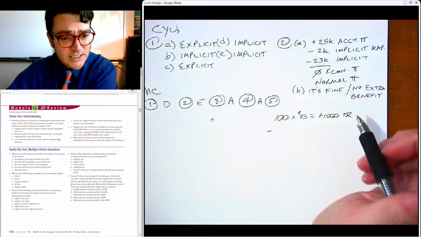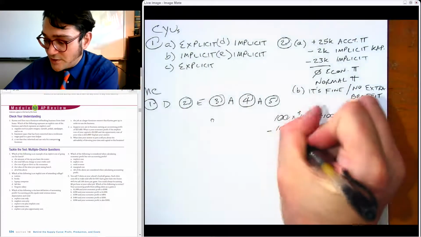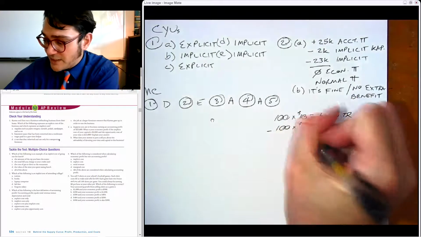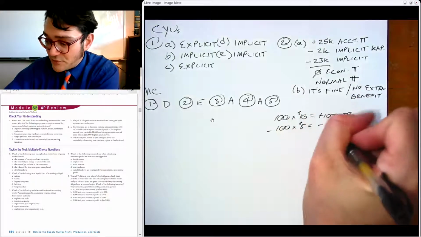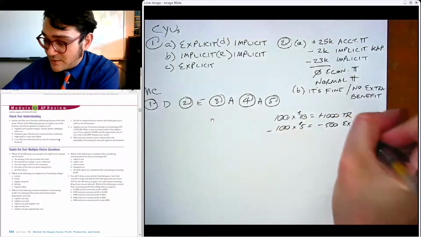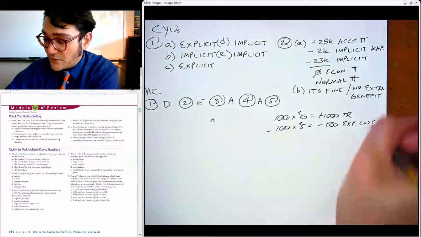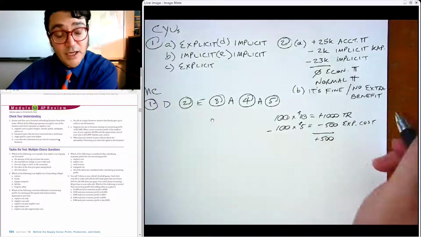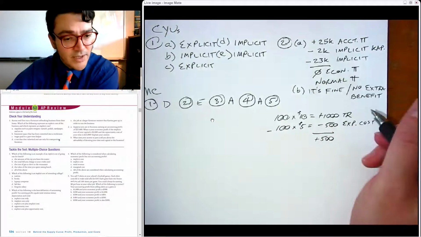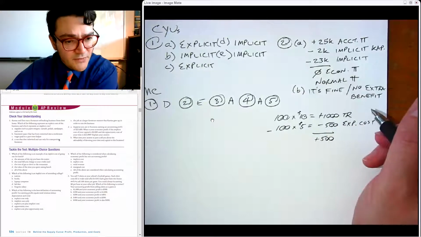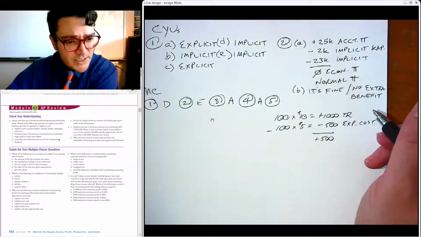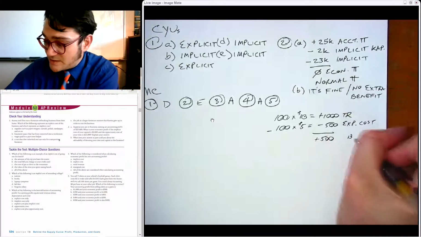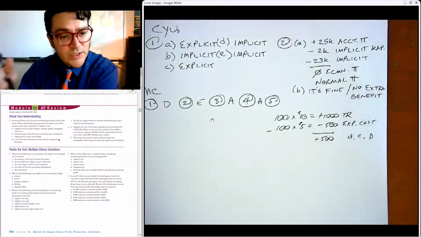The explicit cost is the 5 times the 100, and so that's negative 500 in explicit cost. And so for us, we are netting a positive 500 in accounting profit. The accounting profit is 500. So that's going to leave us with B, C, or D, right? B, C, or D. And then what's our economic profit?